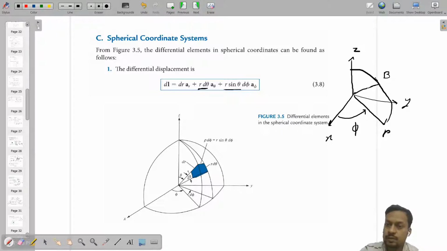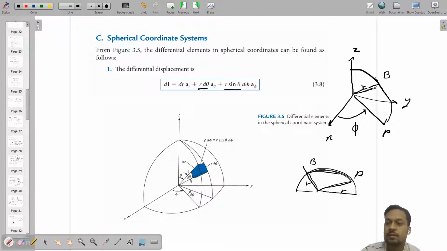So this is a semicircular arc. If we say this radius is r, then this is also r, because we are traveling along the semicircle from B to P. So this length r is equal to this length.